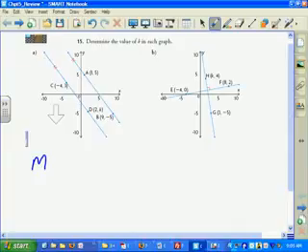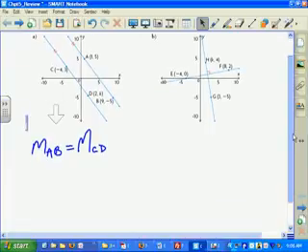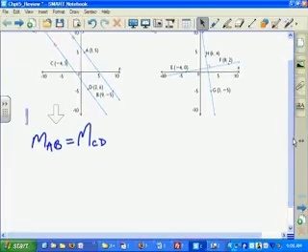The slope of AB equals the slope of CD. Do we know what the slope of A and B is? Yeah, we do. How do we know that? With their coordinates.